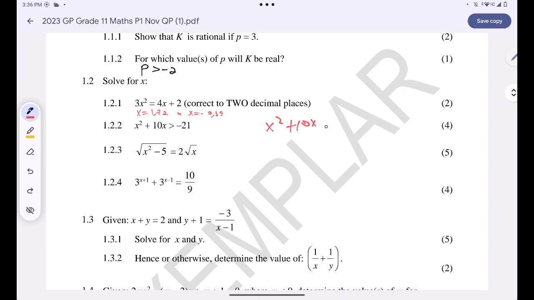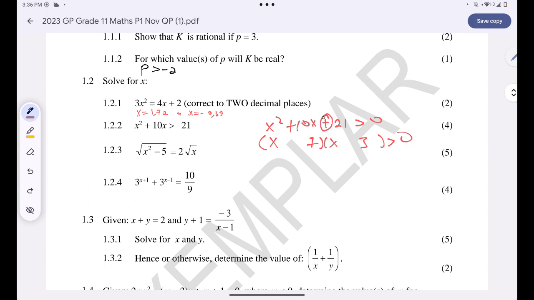And then I'll find my factors. The purpose of factorizing is for me to get the critical values, right? The critical values are the x values that when I substitute in my expression, I will get a 0. Are you together? So I want the factors of 21 that when I add will give me 10. Those factors are 7 and 3, right?